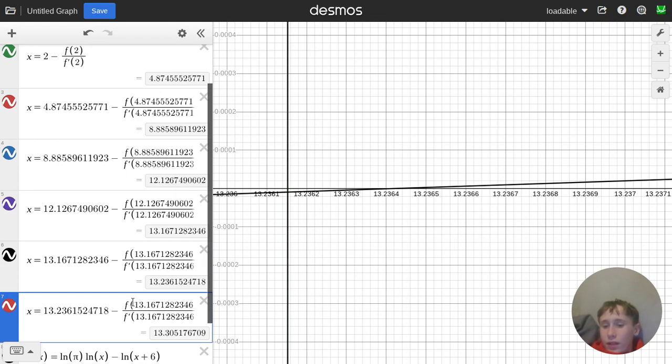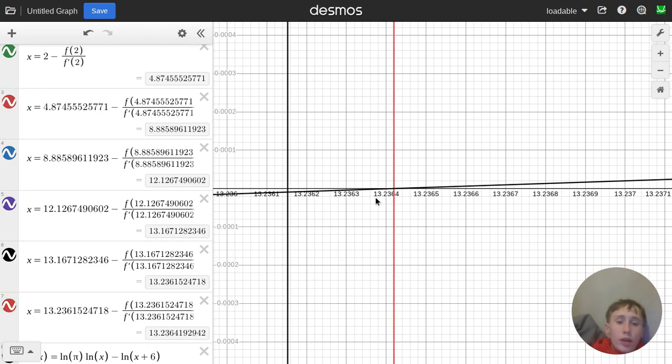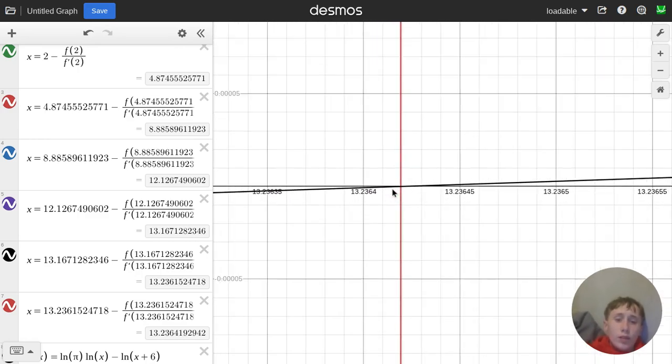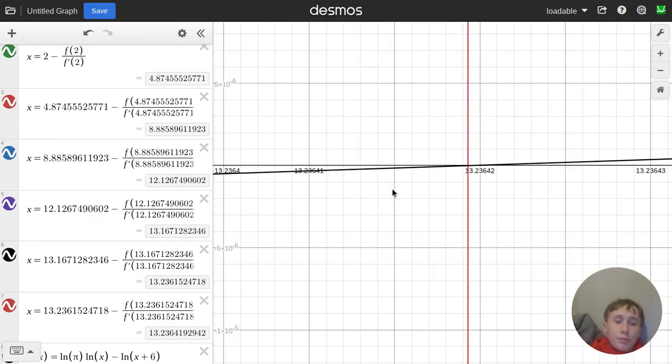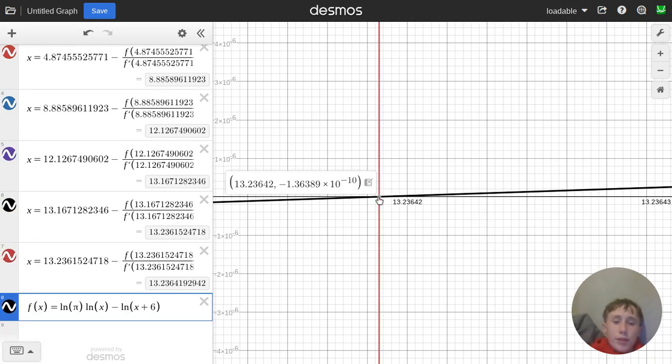And it's going to be that fast. I'd recommend doing it until the changes are incredibly minute, because, of course, the rate of change is going to be directly affected by how close you are. Look at that. It's the intersection now.